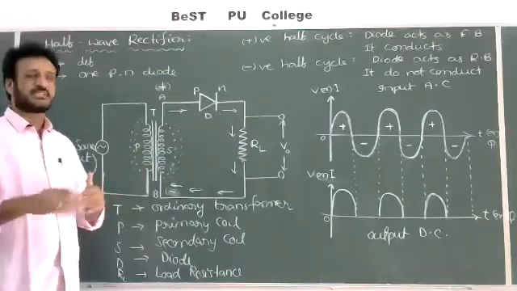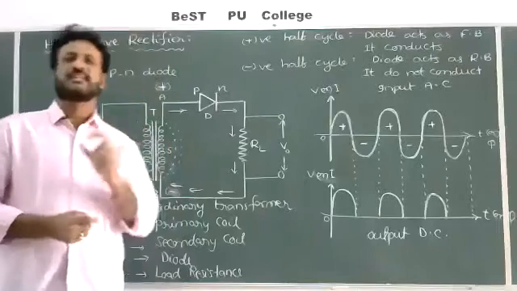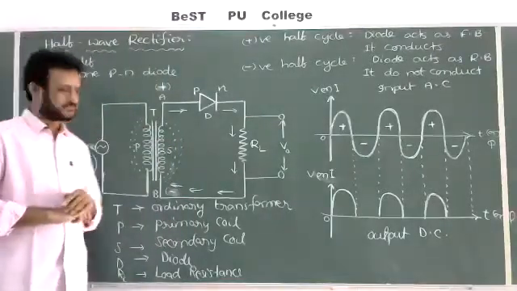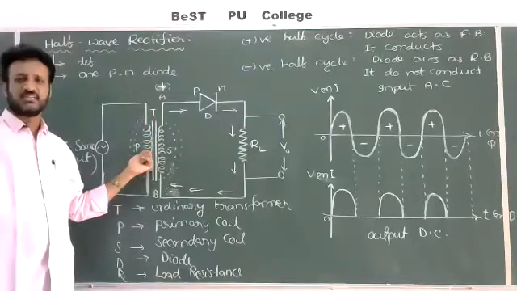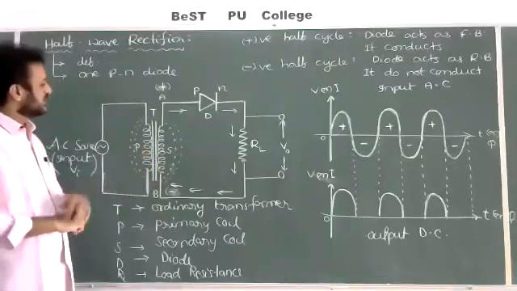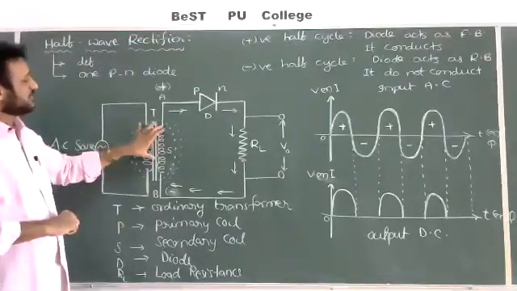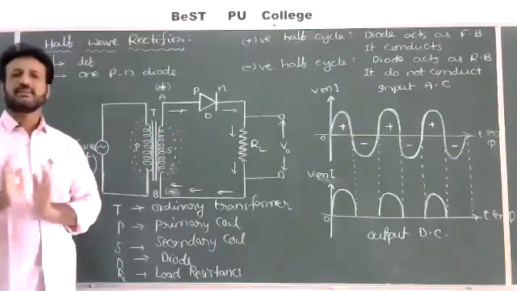Because of the change in the magnitude of the current, the magnitude of the magnetic flux also changes. According to Faraday, the change in magnetic flux can produce an induced EMF or induced current in the circuit. So in this induced EMF or current, what will happen? Every half cycle the direction will change.